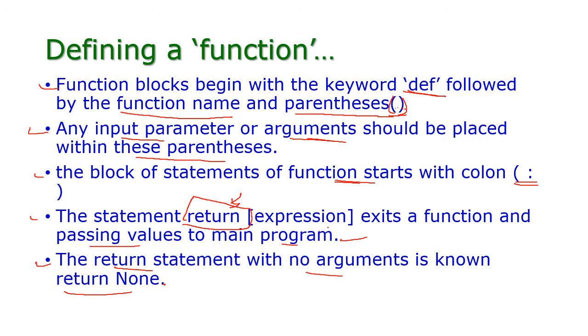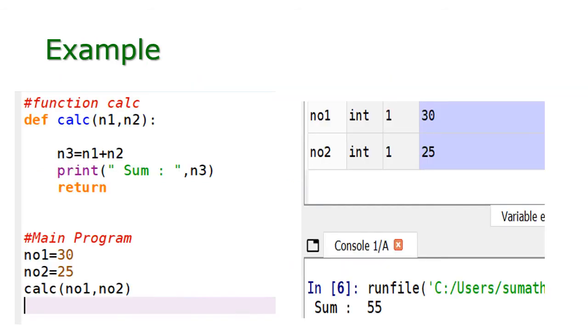Now let us see one example for this function. This is a very simple example. Here I have a simple calculator function. By using this function I am going to add two numbers. Now I am going to define a function. The function starts with the def keyword.